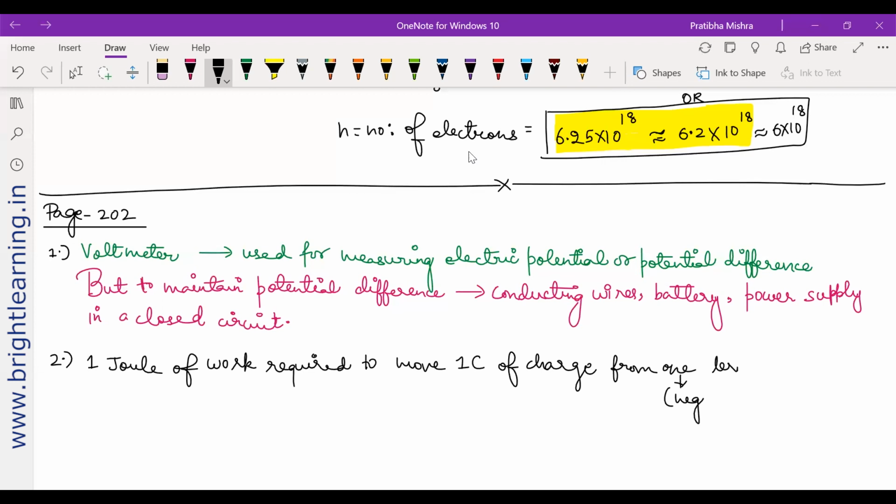See, current flows from positive to negative or negative to positive? Tell me. Now, this is a good question. From positive to negative it flows, of the battery. That's the reason the positive terminal is connected to the positive terminal of ammeter, negative terminal of the battery is connected to negative terminal of ammeter. So you can call it as positive terminal to another terminal, one terminal to the other terminal. So this another terminal will be your negative.